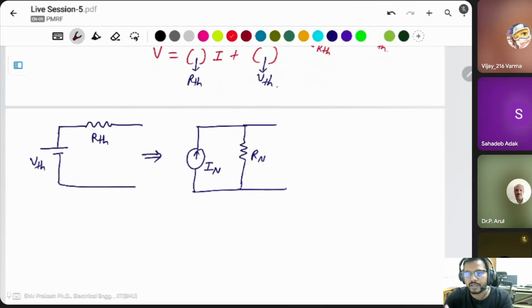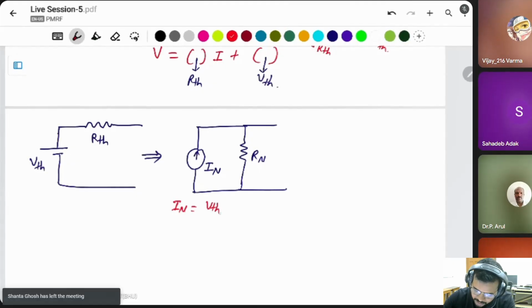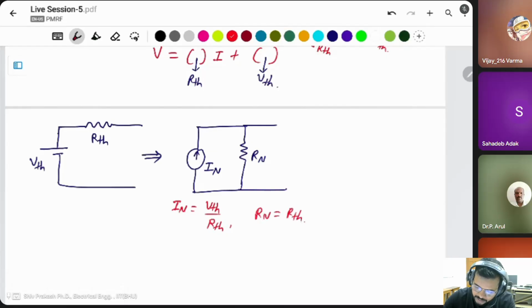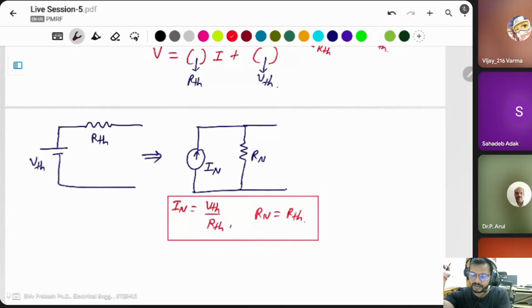You can convert a current source into a voltage source and a voltage source into a current source. Both conversions you can do. In this case, IN is equal to VTH by RTH, and RN is the same as RTH. You can convert Norton to Thevenin, Thevenin to Norton. Apply this thing.